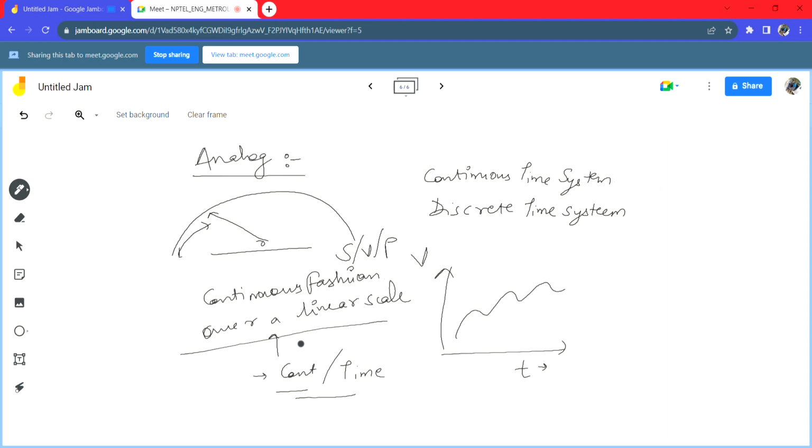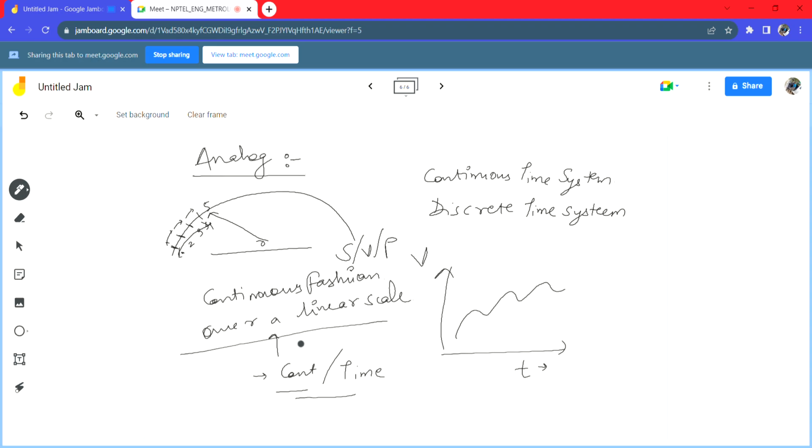Okay, so if it is, say, 1 here, and it is 2 here, and it is 3 here, and it is 4 here, and it is 5 here, so it moves from 1 to 2, 2 to 3, 3 to 4, and this kind of a device is called an analog device, analog measurement system.